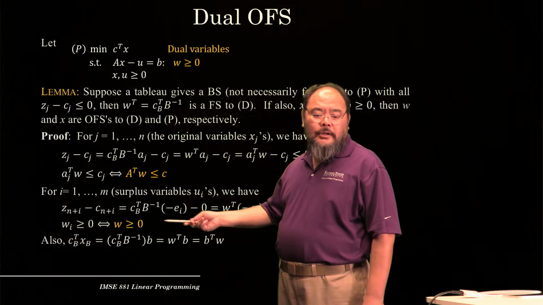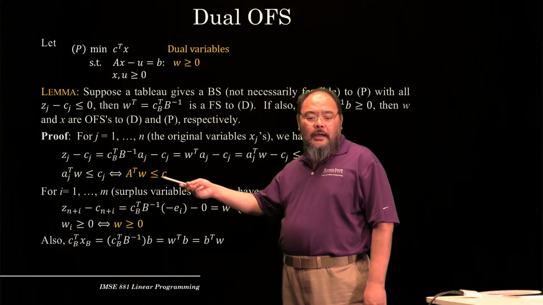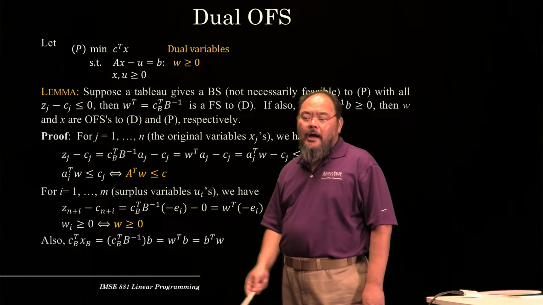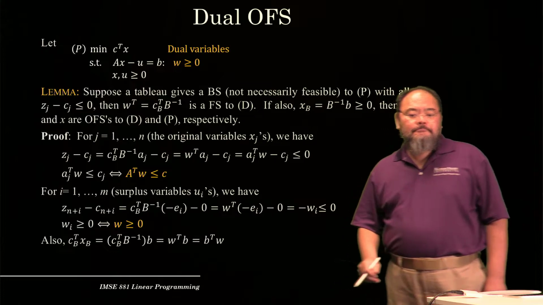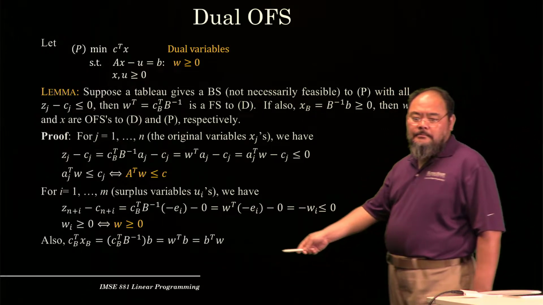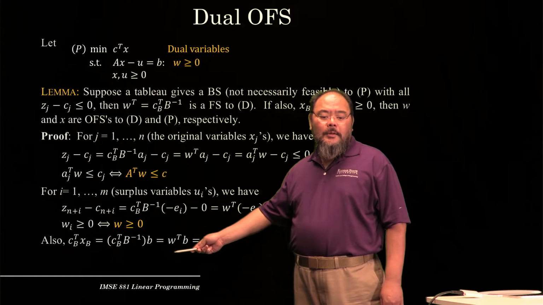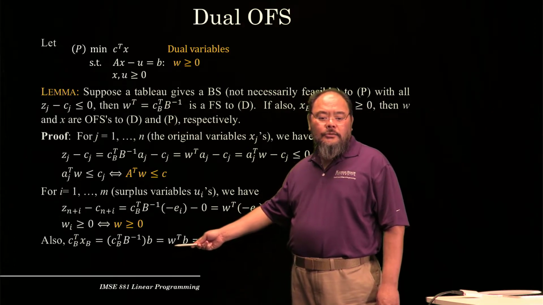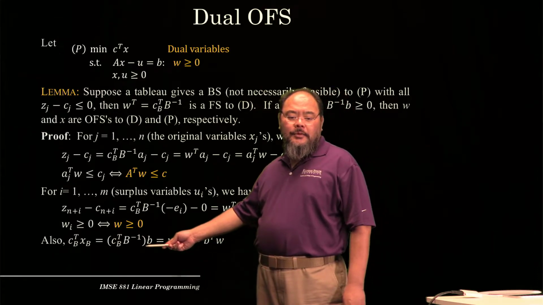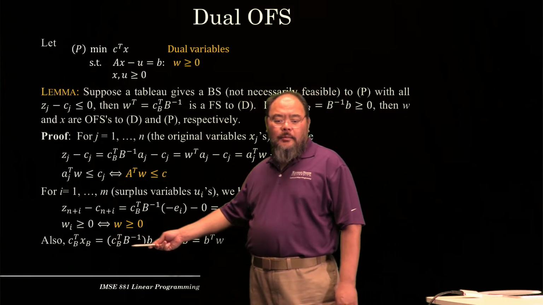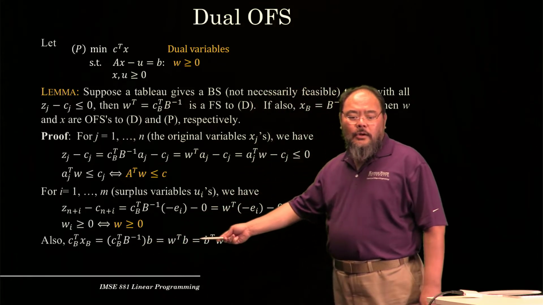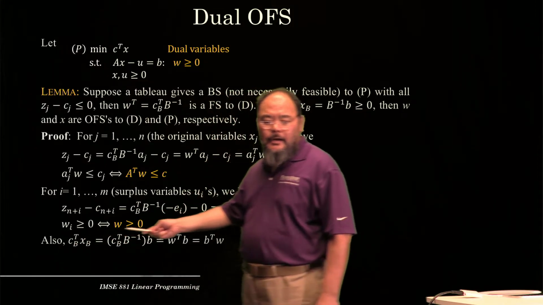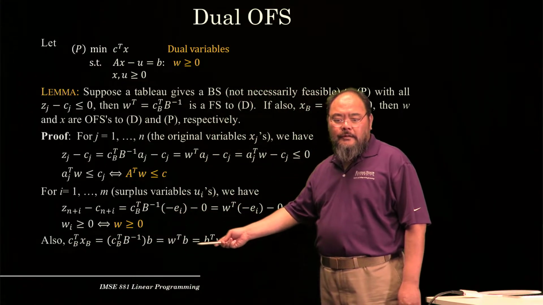And omega i is greater than 0 plus this A transpose omega less than or equal to C, both of them added together, we have dual feasibility. And also, CB transpose times XB currently is my objective function value, equal to CB transpose times B inverse times B. And the first part equals omega, so it equals omega transpose times B. And that means the primal objective function value equals the dual objective function value.